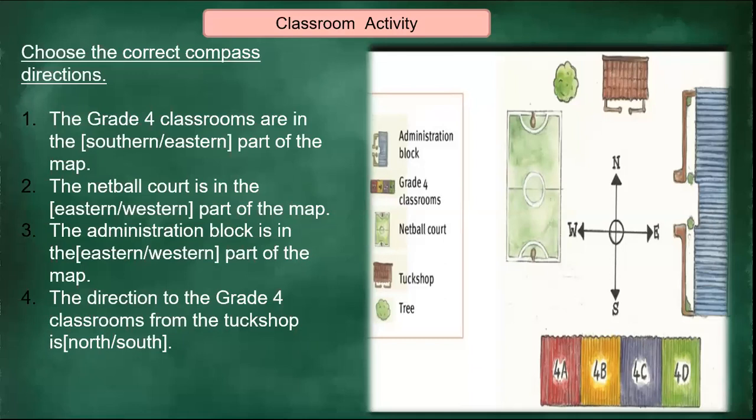No, it says the direction to grade 4 classrooms from the tuck shop. When you're from the tuck shop, what's the direction to go to class? South. Yes, from the tuck shop to the south. Thank you very much, Michael.